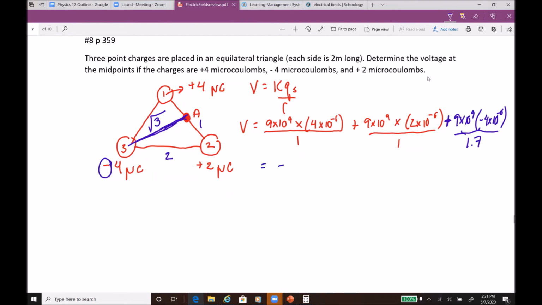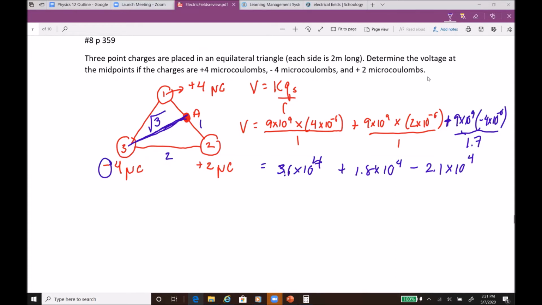This is about 3.6 times 10 to the 4, this is about 1.8 times 10 to the 4, and this is about negative 2.1 times 10 to the 4.